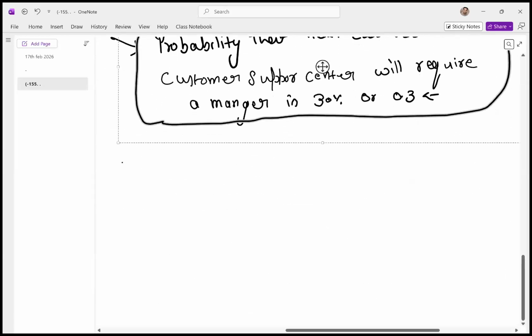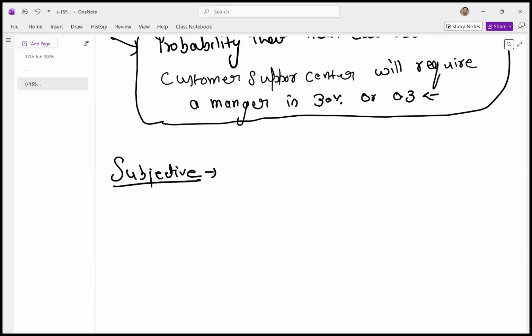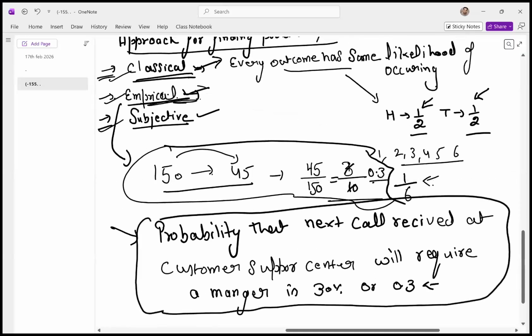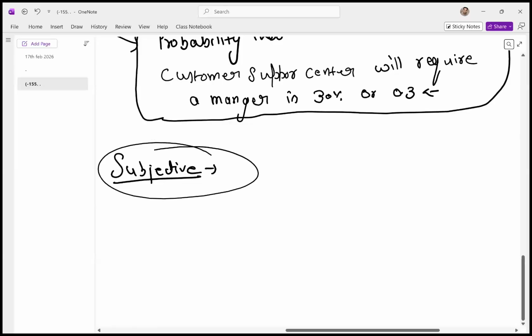Then the third one is the subjective approach. Subjective approach is based on your past experience. The empirical approach was based on the previous experiment, and this is based on past experiences. It's more of an educated guess or personal belief.